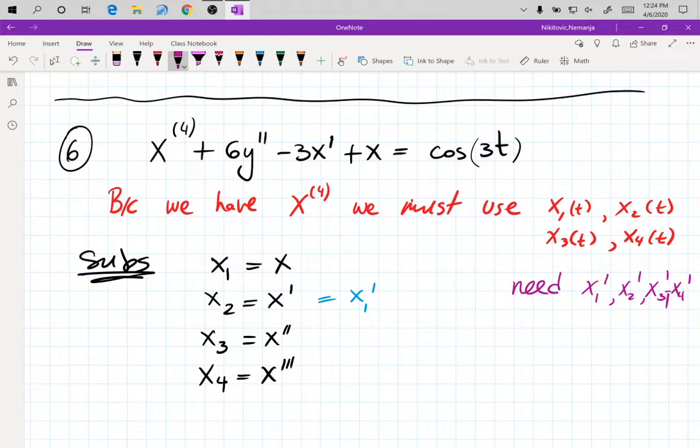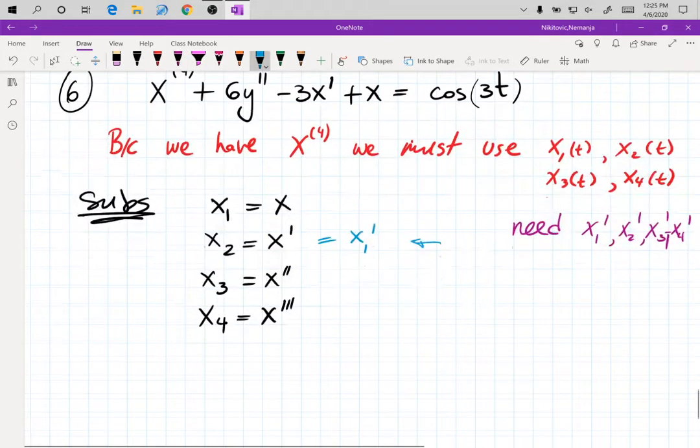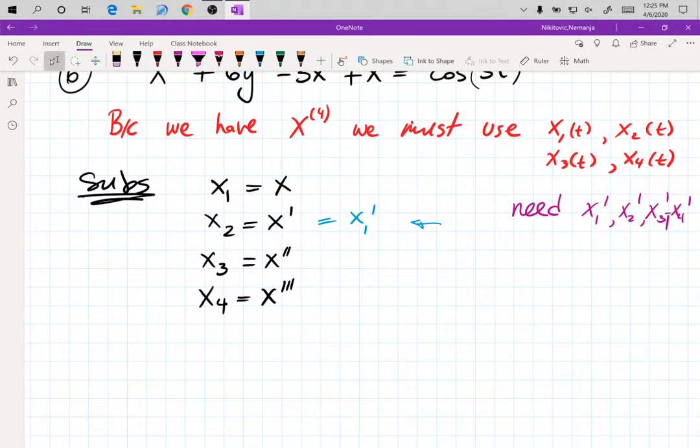So from this equation here in blue, I found that x1 prime is x2. That's what I found. Now we are going to go to the orange equation. What is x double prime?